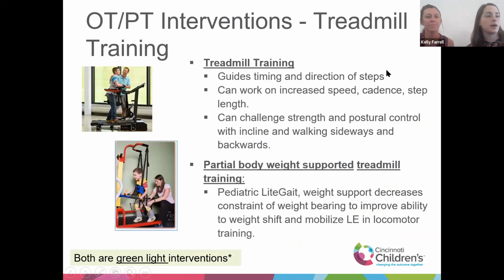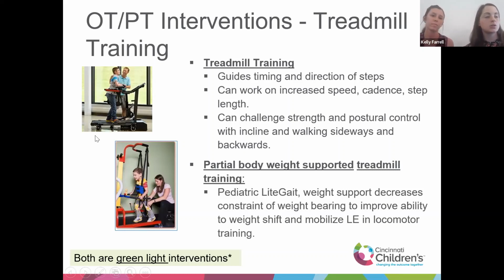Next, we have something called treadmill training. That can either be typical treadmill training or something with partial body weight support treadmill training. Using the treadmill is really helpful because we can change the speed and the incline to either work on more power movements, or if we want to work on increasing step length or just overall walking speed, it can be a really great challenge for endurance and strength as well.